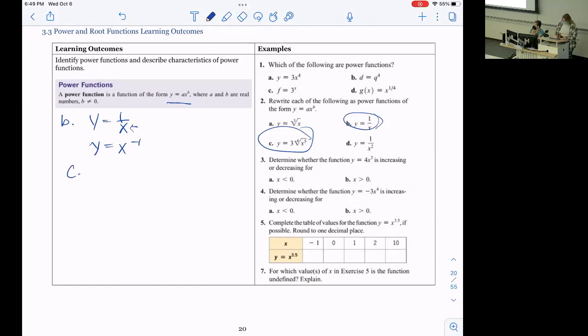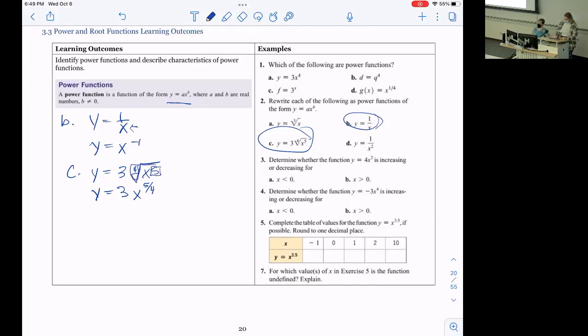So now we can look at C, y equals 3. Okay, so we can also rewrite this one where y equals 3 times x to the 5/4, because we have a 5 in here and a 4 in here.